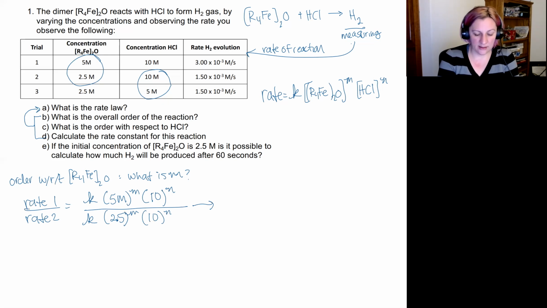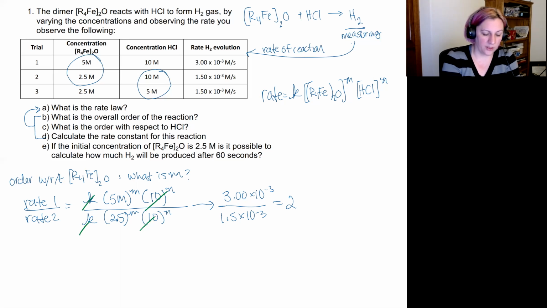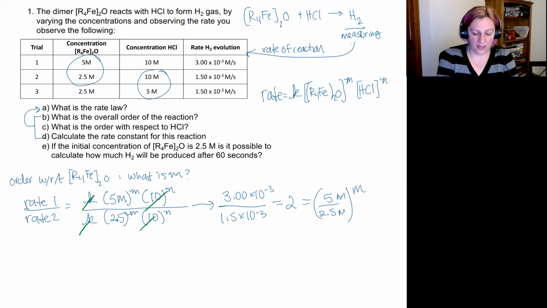So looking at this, we are going to have our 3.00 times 10 to the negative 3 for our rate divided by 1.5 times 10 to the negative 3. It's going to give me a value of 2. And a lot of this stuff in my rate law cancels out, like these K's cancel out and everything for our hydrochloric acid cancels out. So it's going to be 2 is equal to 5 divided by 2.5 molar to the power of M.